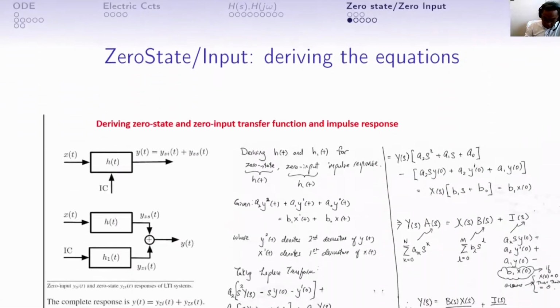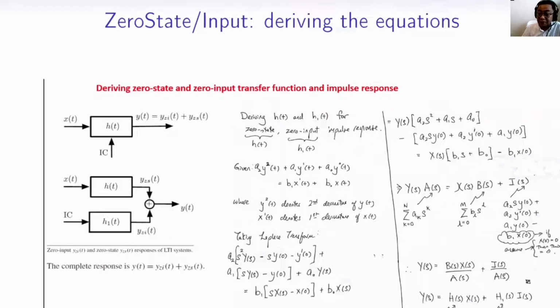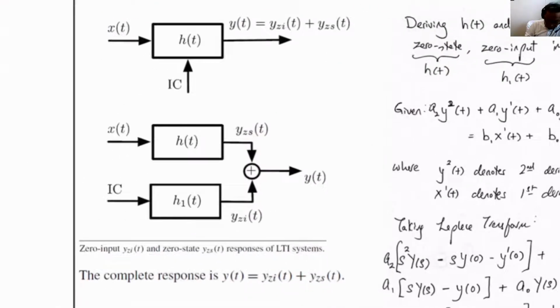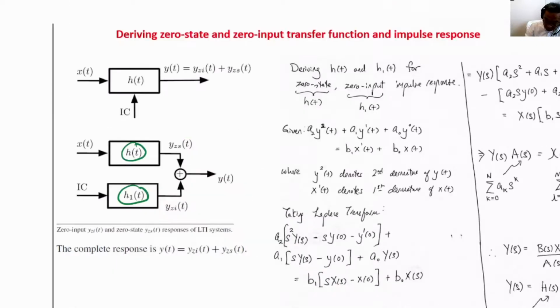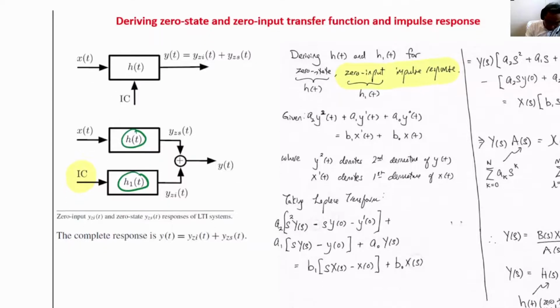Let us now have this example to derive h of t and h1 of t, and what is the difference between them? h1 of t is the impulse response when we have zero input, when we are firing the initial condition into the system. What about when we fire x of t into the system?